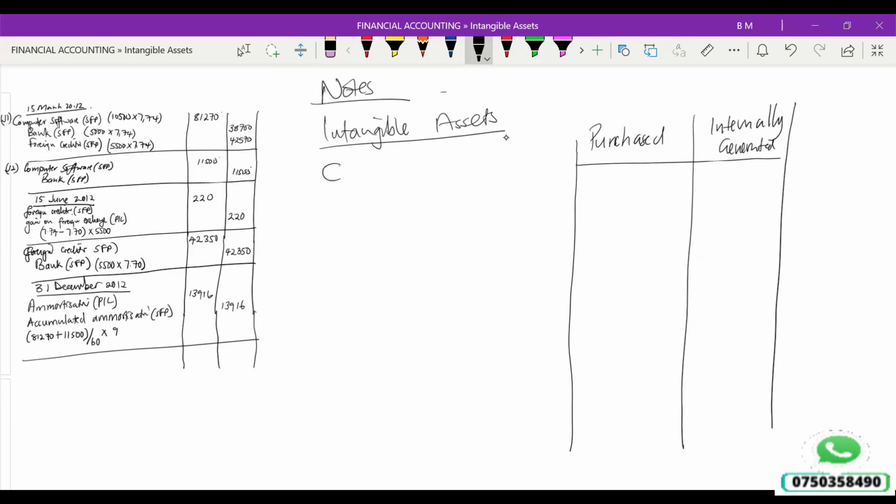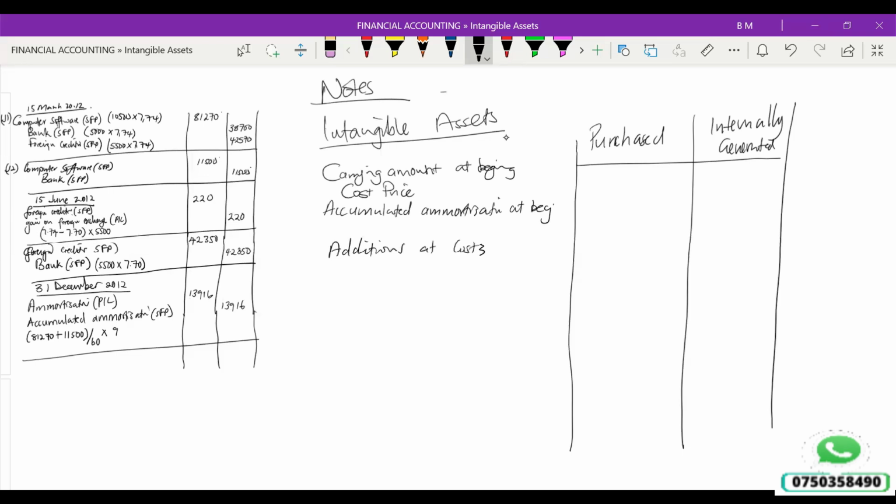So I'm going to have my carrying amount at the beginning. I'm going to have my cost price. I'm going to have my accumulated amortization. At the beginning. When I skip a line, I'm going to have my additions at cost. Then I'm going to have amortization.